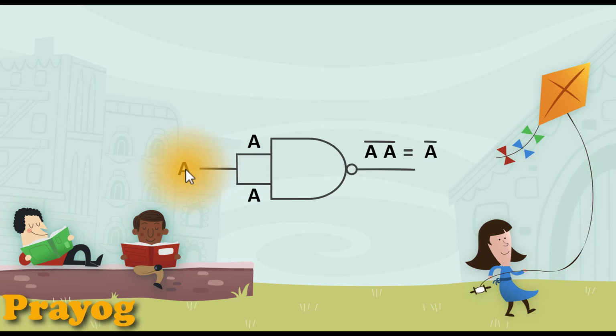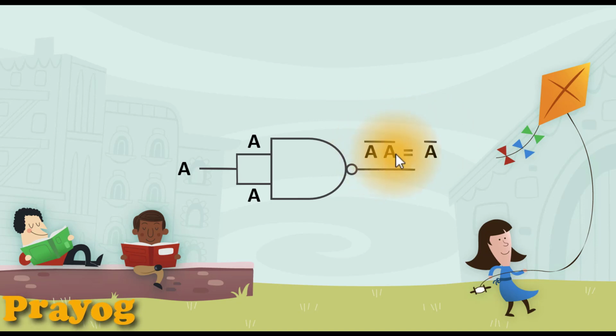Since you are providing a single source of A, it is being fed as A, and as you must be knowing, the output of a NAND gate is A into B whole bar. But here you are feeding A and A. That's why it's going to be A into A whole bar. Recall one of the Boolean theorems, x into x is equal to x. By considering that theorem, we can say A into A is equal to A, where this bar is carried to the next stage.